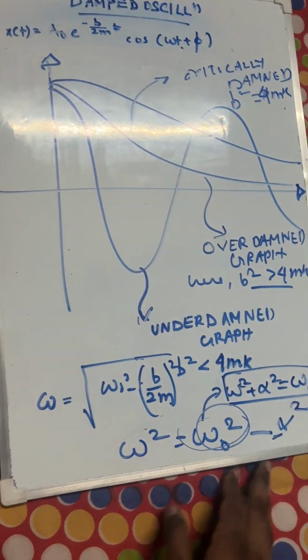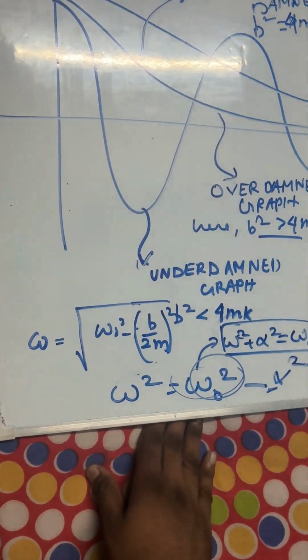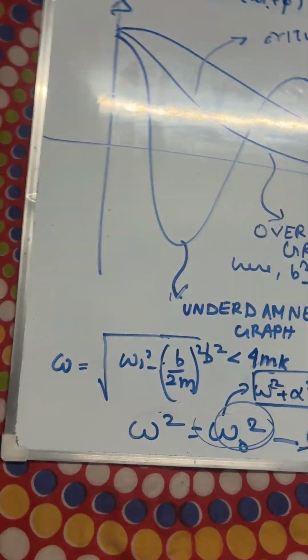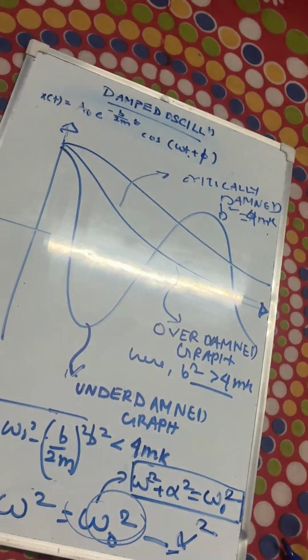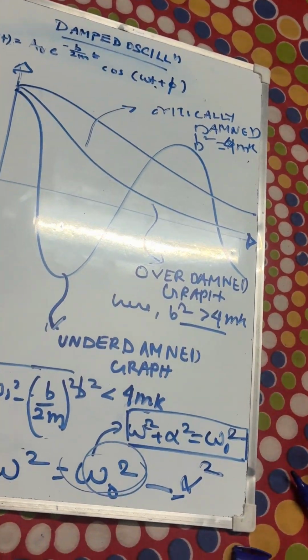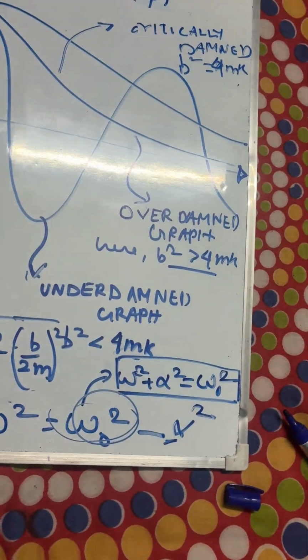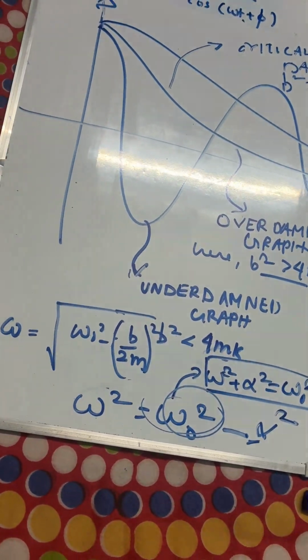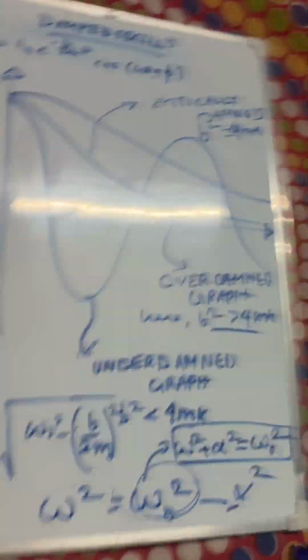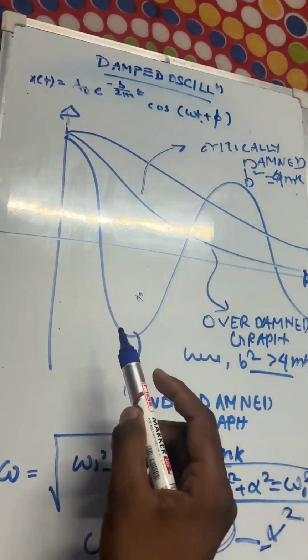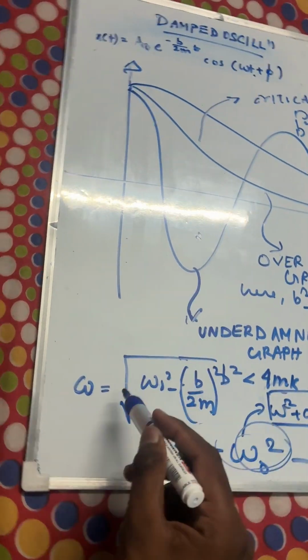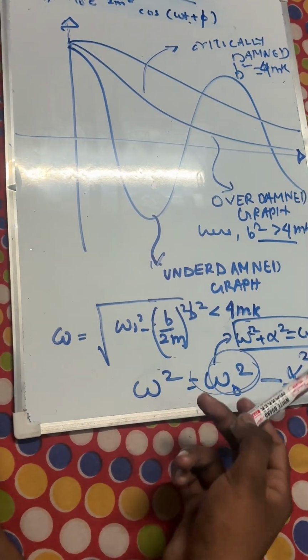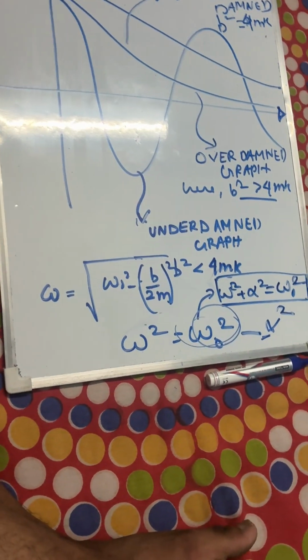So this is all the concept about damped oscillation. If we talk about the position versus time graph of these three systems consisting of a mass and a spring in a viscous fluid, here b is less than the critical value, so this is an underdamped graph.